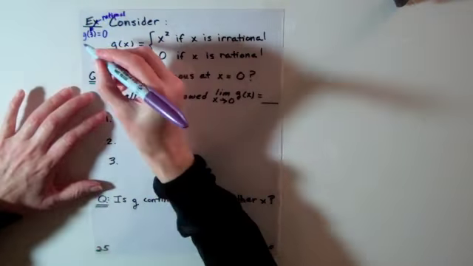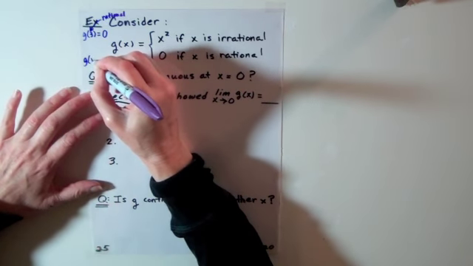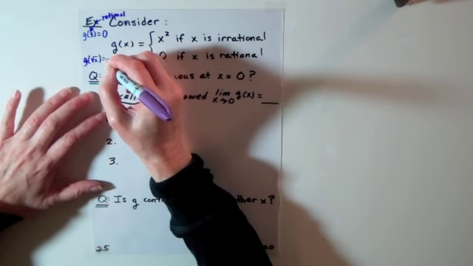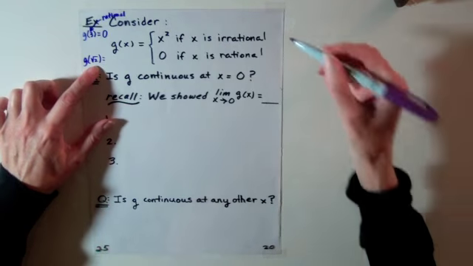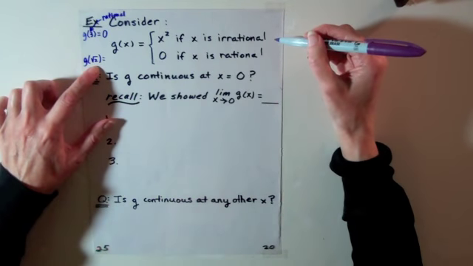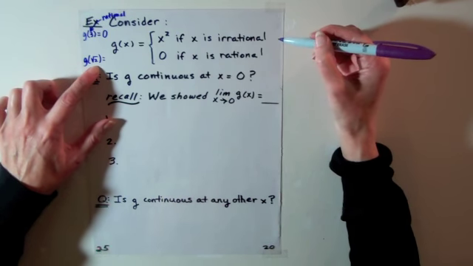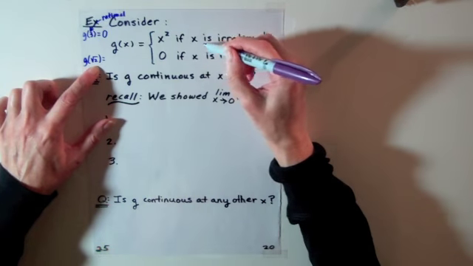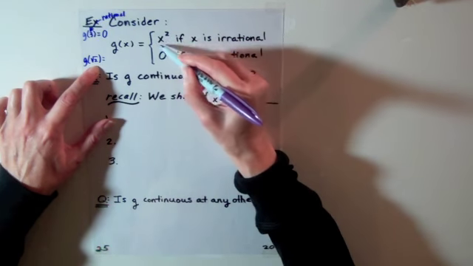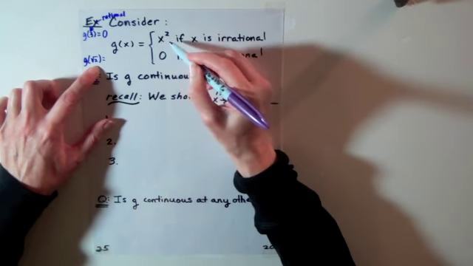If I asked you to find something like g of square root of 2, on the other hand, square root of 2 is an irrational number. It cannot be expressed as a fraction of integers, a quotient of integers. So since root 2 is irrational, I have to use the top rule to compute the output.